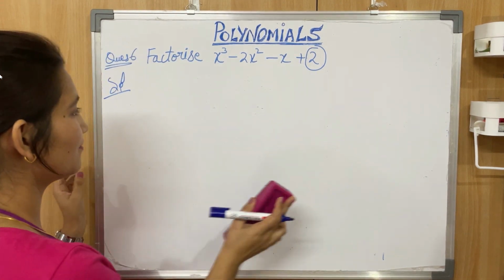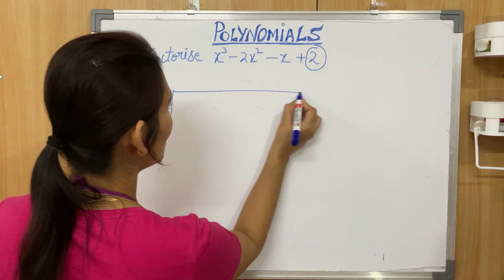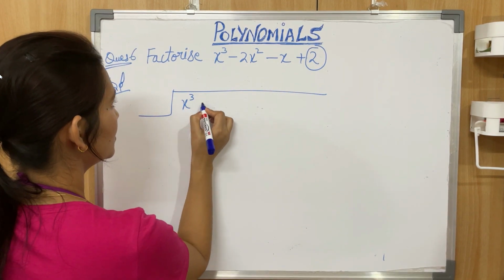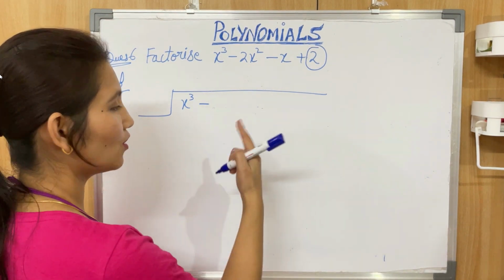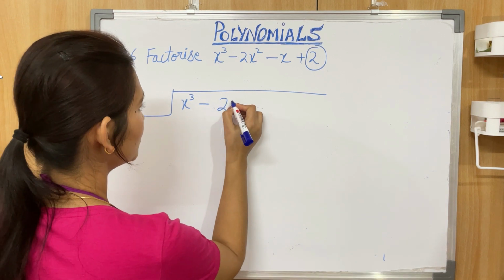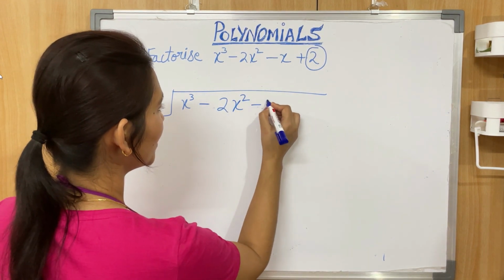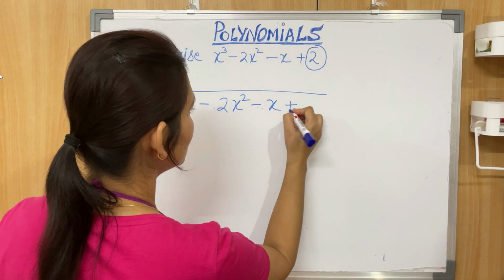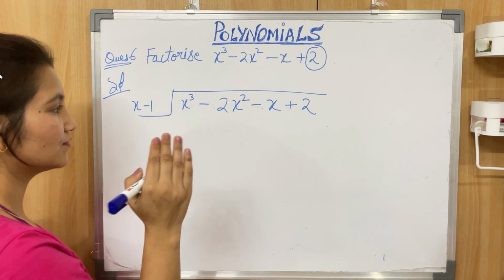You know how we can divide, right? We have already done division of polynomials in the second part of this chapter, so to see how we divide, you can refer to that part. We need to divide this by the one factor that we have just got.